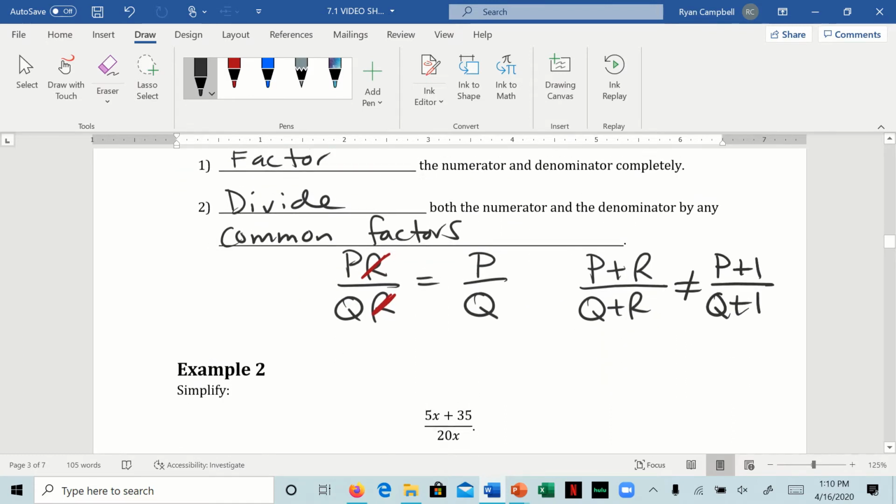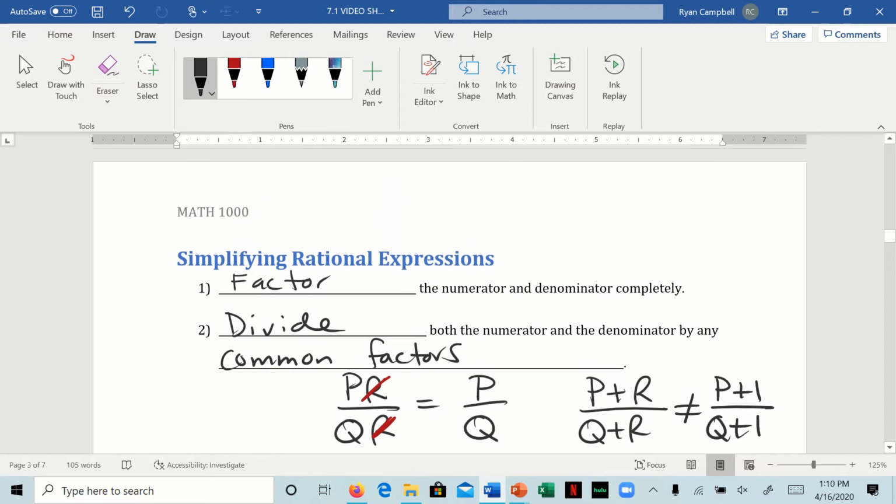We can just see real quick with a quick example. You can see 3 plus 2 over 4 plus 2. If you could do it this way, then that would mean that the 2's can simplify down to 1's. So 3 plus 1 over 4 plus 1.